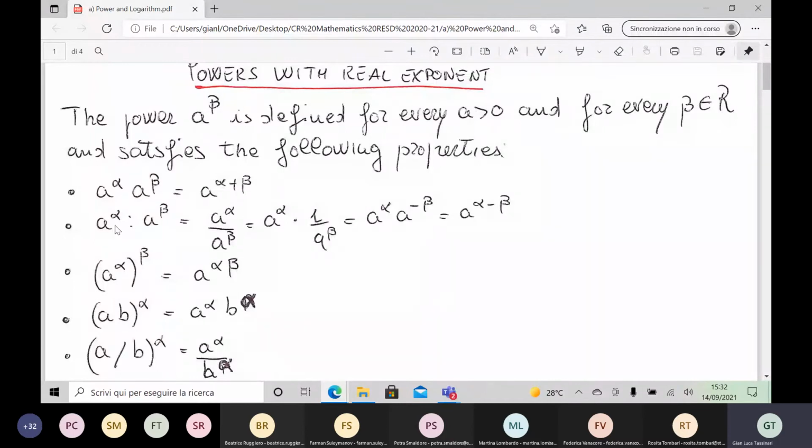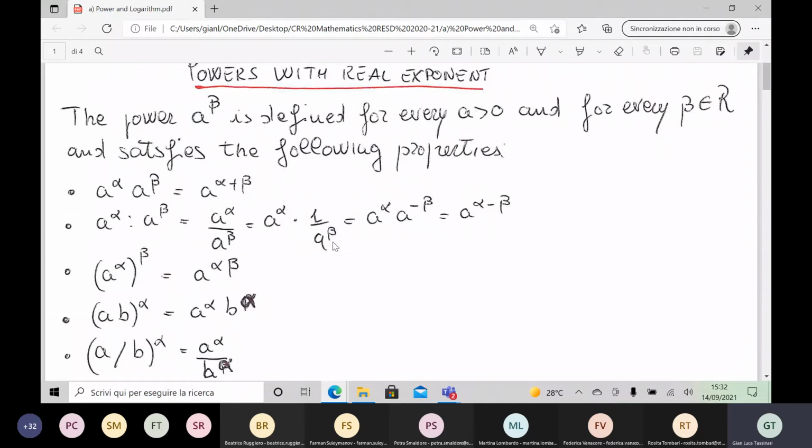If you have a fraction a to the power alpha divided by a to the power beta, you can obviously rewrite it in this way. You can write it as a product: a to the power alpha times 1 over a to the power beta.